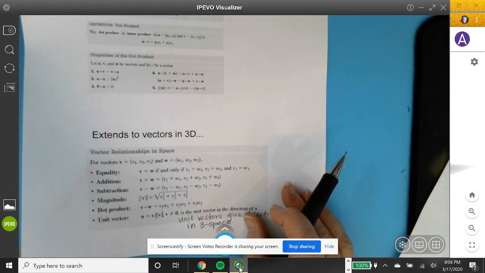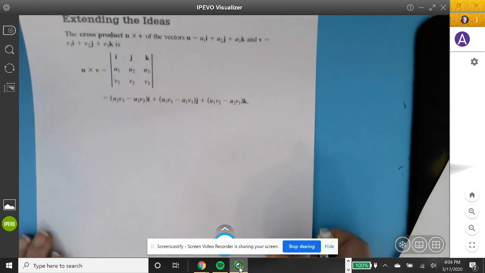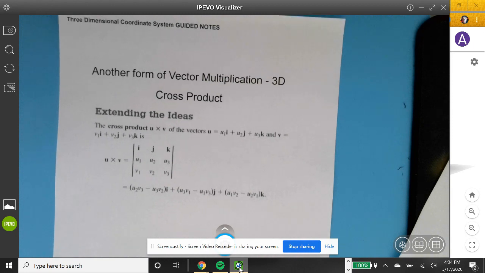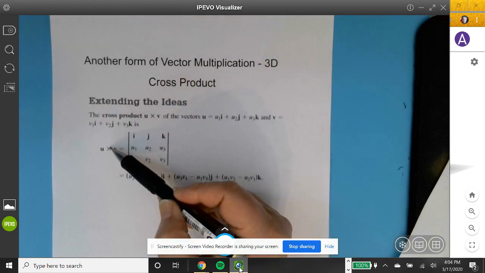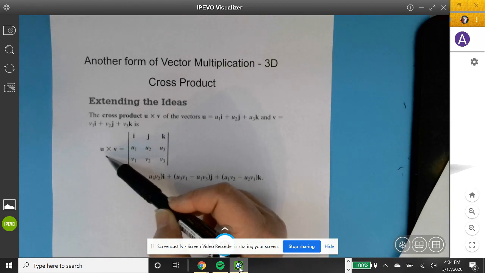All right, last but not least, there is one other type of multiplication that does not apply in 2 space, but it applies in 3 dimensions. And it's called the cross product. And why this is an important thing to learn is that when you cross 2 vectors together, they call it the cross product because they're using the cross symbol for multiplication in between the 2 vectors to indicate that you're doing a cross product.